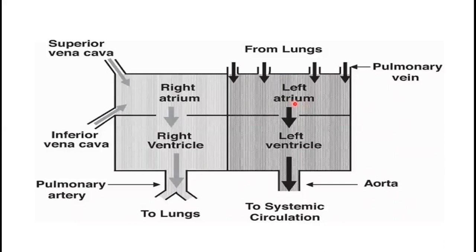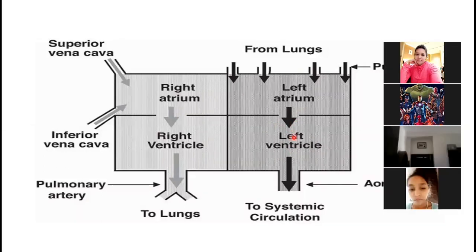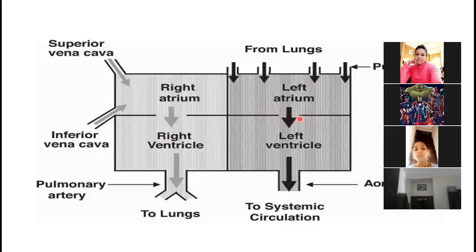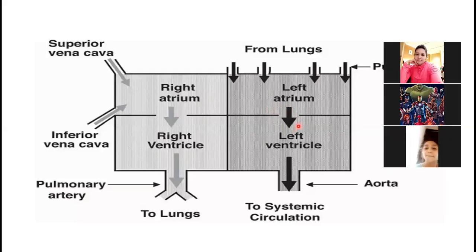From left atrium, this blood is transferred then to the left ventricle. This entry point of left atrium to left ventricle is again guarded by a valve which is known as bicuspid valve or mitral valve. Then from left ventricle, this pure or oxygenated blood through the aorta goes to systemic circulation.